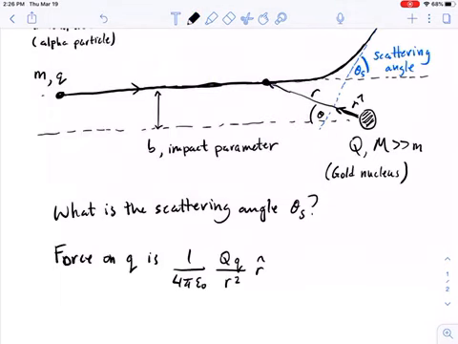So in that case, what we would say is, by Newton's second law, it must be the case. Well, let's write this in terms. Let's write 1 over 4 pi epsilon naught as Coulomb's constant, Ke. And so this is Q over r squared, r hat.